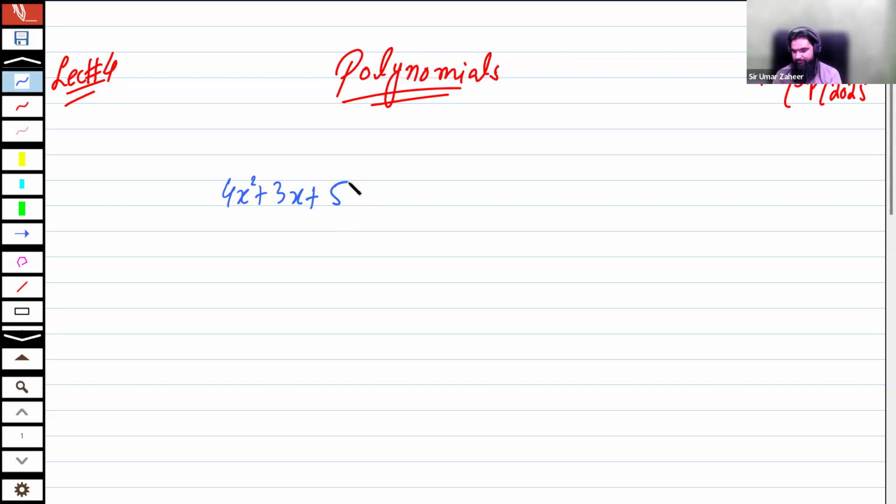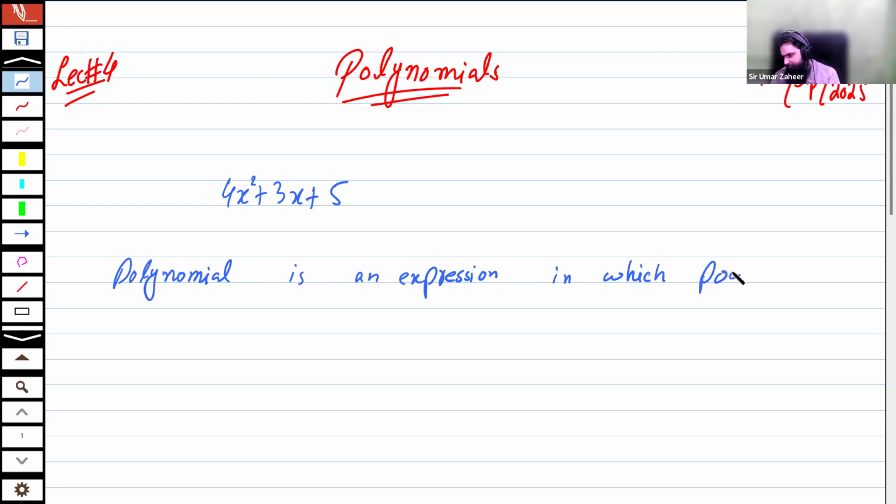For the polynomial, in short, a polynomial is an expression in which the power of the variable is a positive integer. All right.